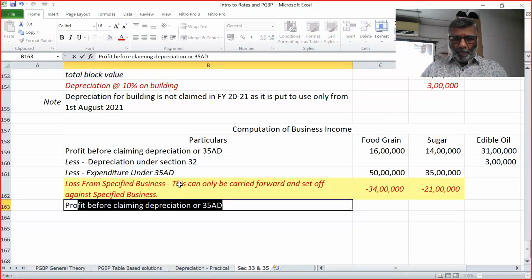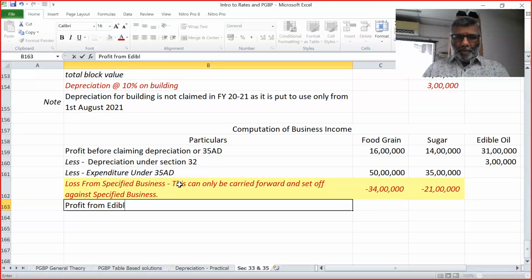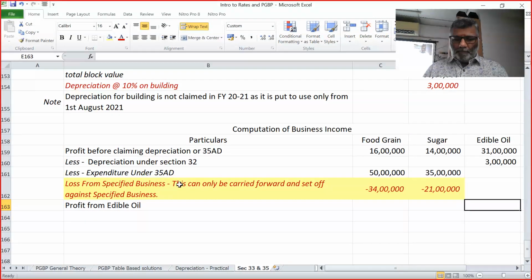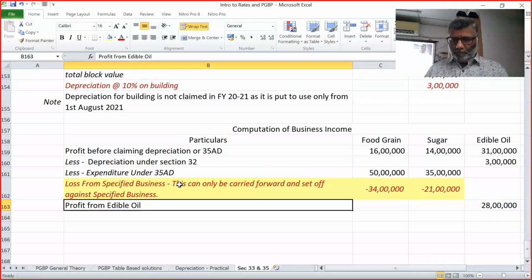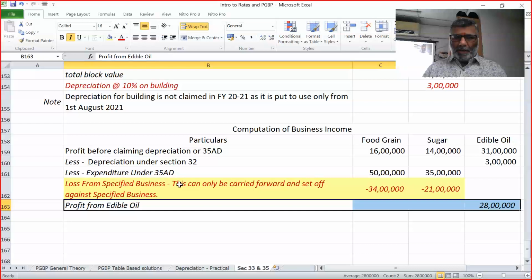Profit from edible oil is separately taxable.